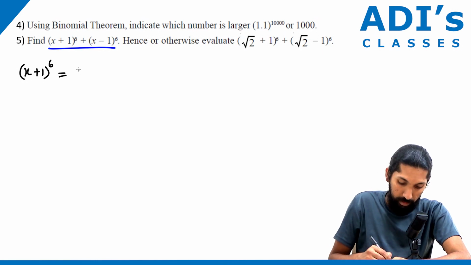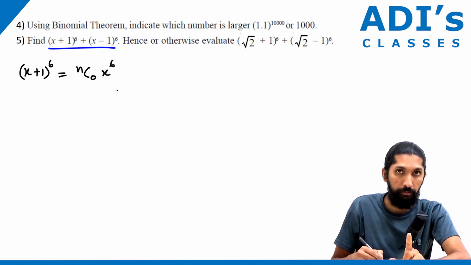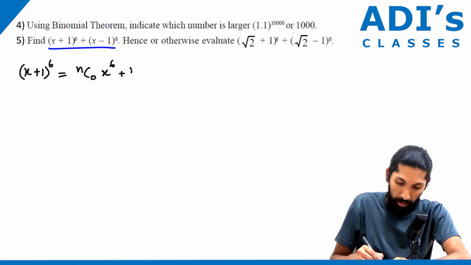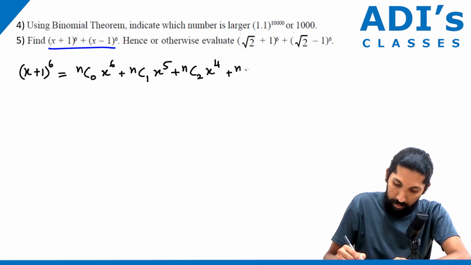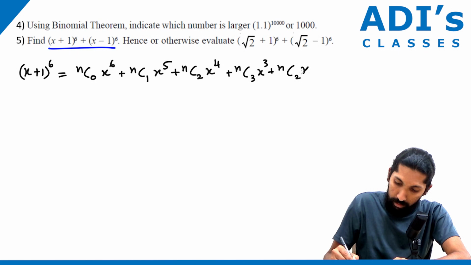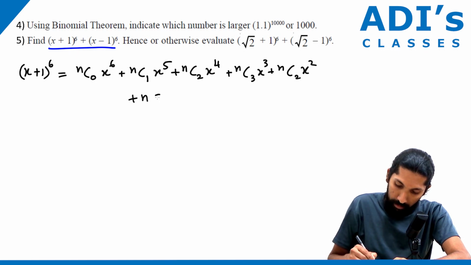So we can write this as nC0 x power 6, the first term, plus nC1 into x power 5 plus nC2 x power 4, nC3 x cube, nC2 x square, nC1 into x plus nCn.